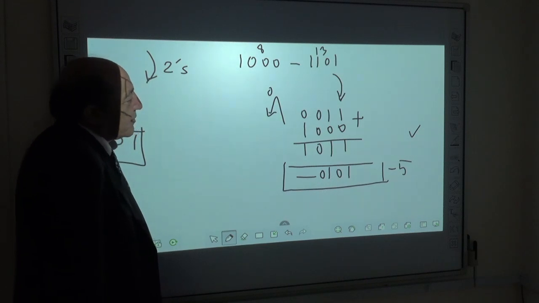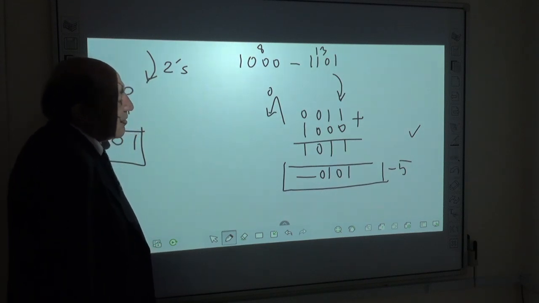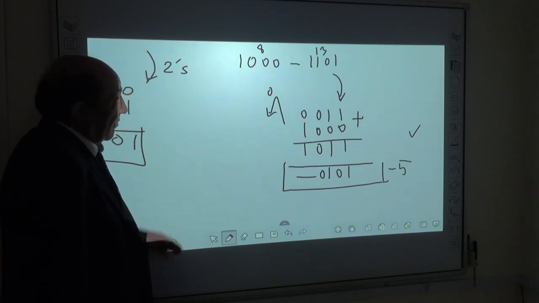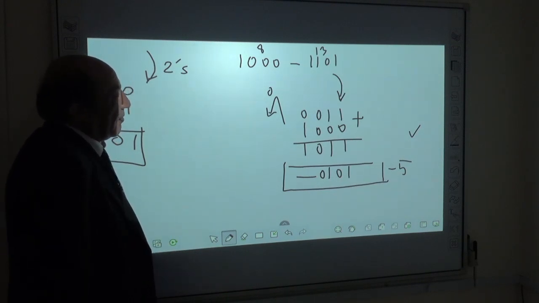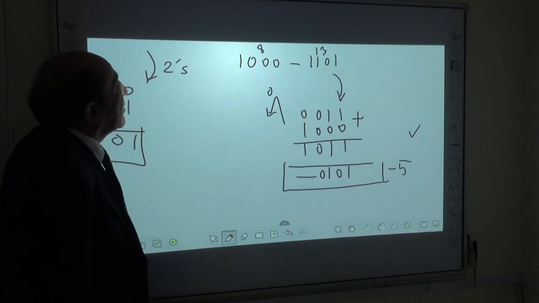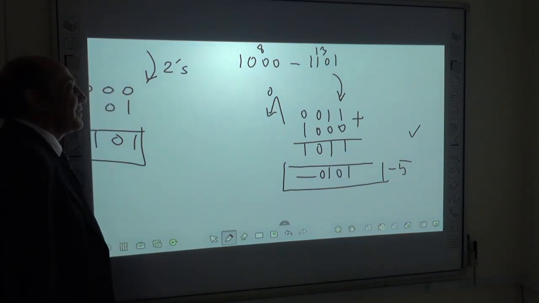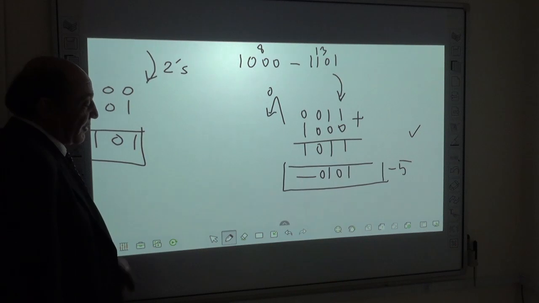Most computers use 2's complement form to perform subtraction through addition, and they use 2's complement form to represent negative numbers, and we'll speak about that more in the next lectures.